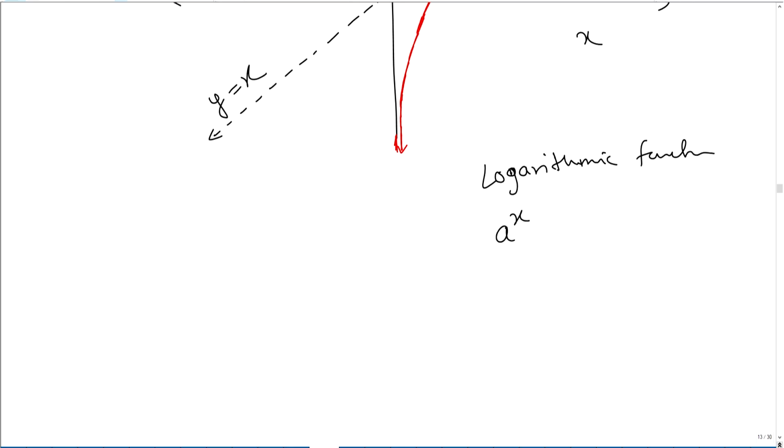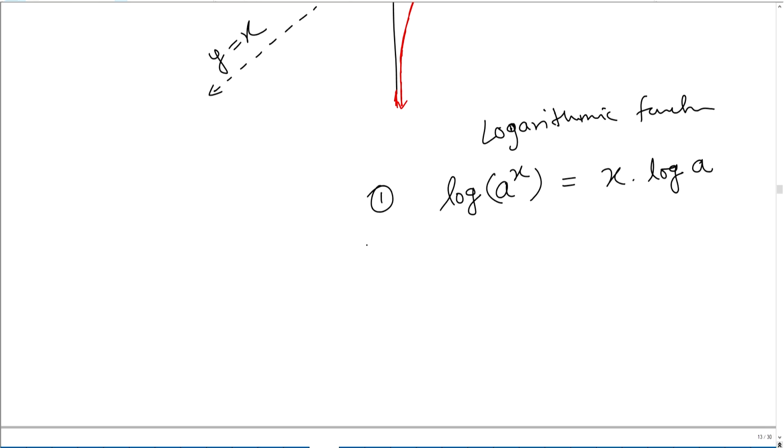If you take log of this a to the power x, then this term can be written as x into log a. So, this is the first rule that logarithmic functions follow. Log of a to the power x equals x into log a.